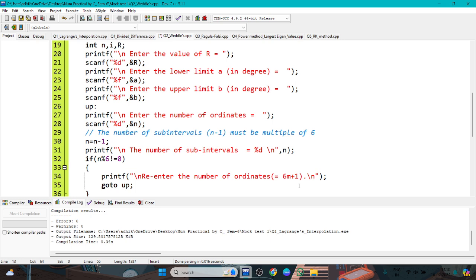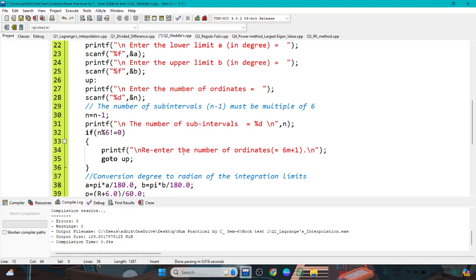If you put the number of ordinates as 20, we again re-enter the number of ordinates, so that the number of subintervals must be a multiple of 6, and go to up. So up colon, print, enter the new number of ordinates.